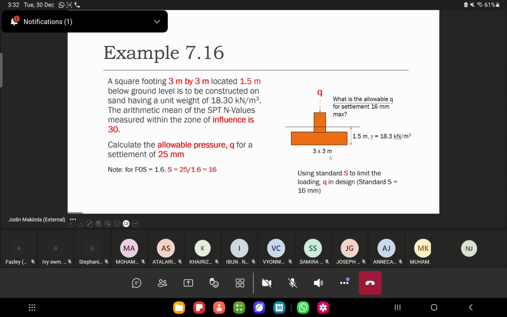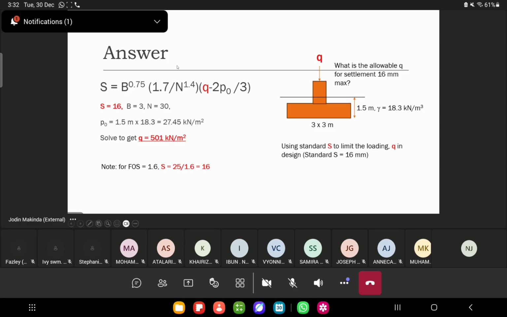Therefore, in order for us to find the solution, what we can do is first, using the equation, find the P naught value. P naught is the effective overburden pressure from the top to the bottom, which is 1.5 times 18.3, you get 27.45.